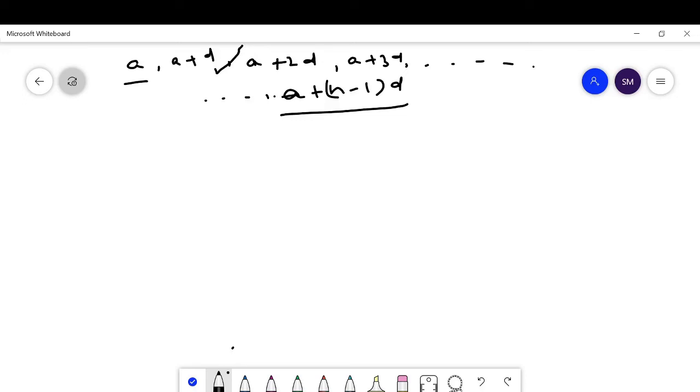Thus we can write A1, A2, A3, A4, and this is the nth term.